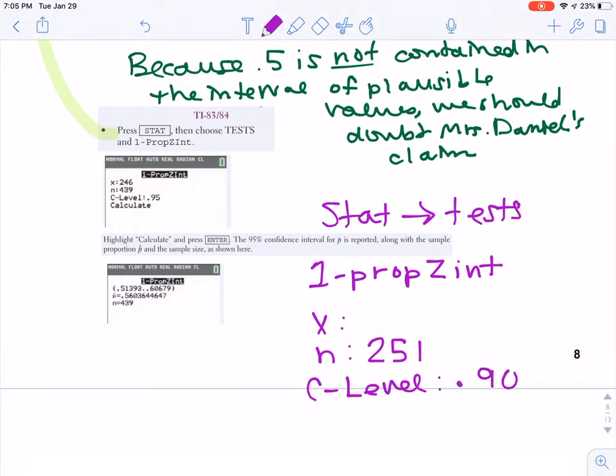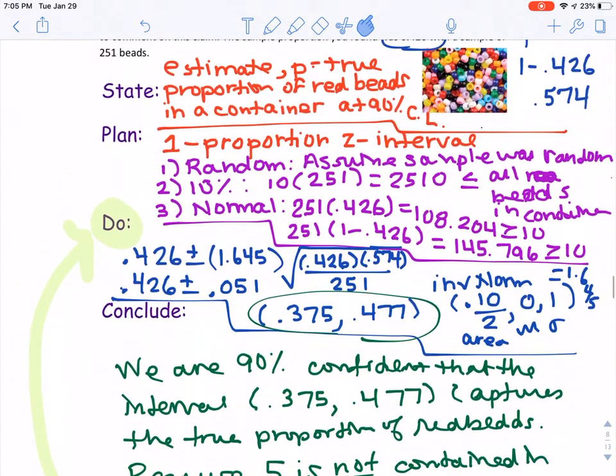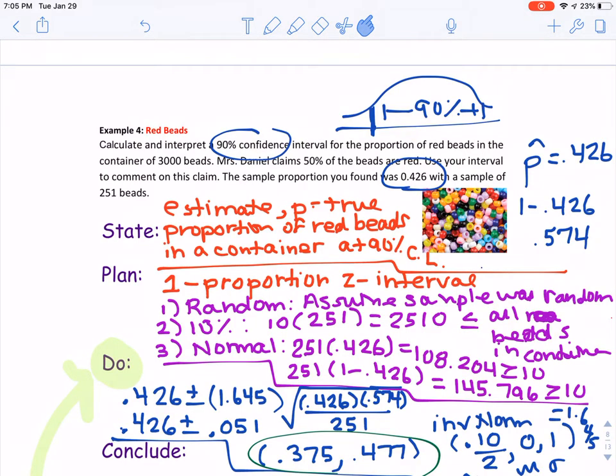And then the x is, of those 251 that were in the sample, how many of them were red beads? Now here's where you've got to watch. They didn't actually tell us that in the problem. They told us that 42.6% of them were red beads.